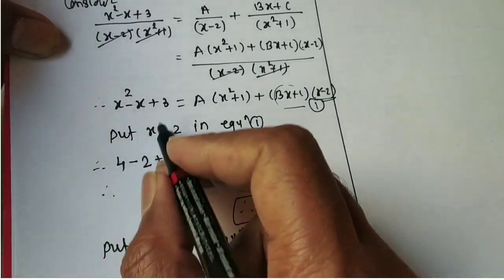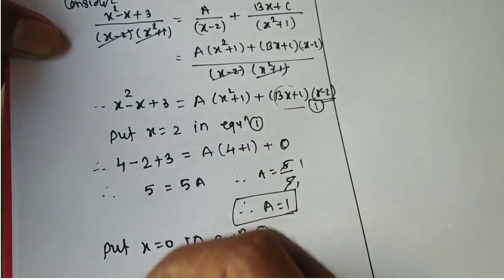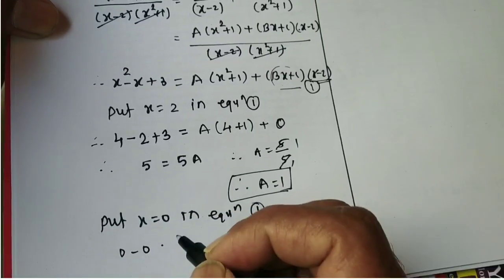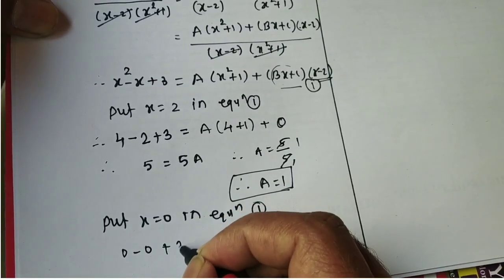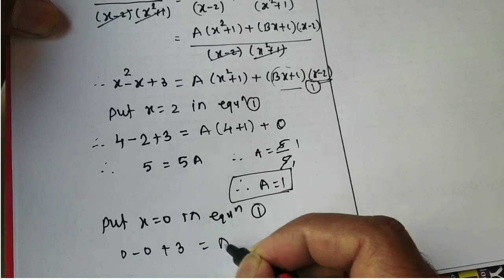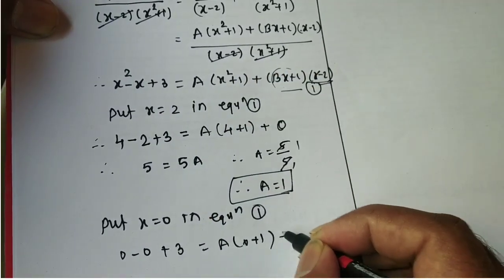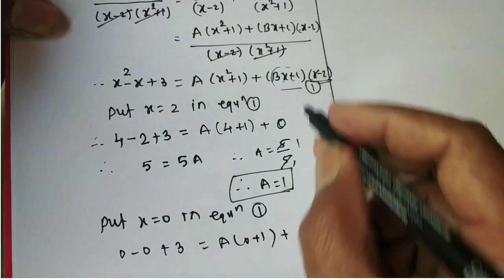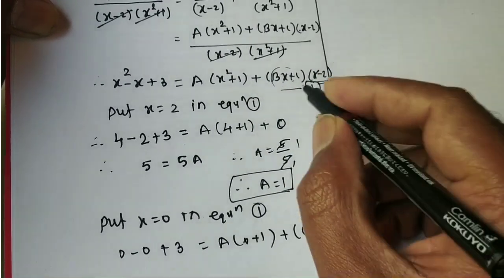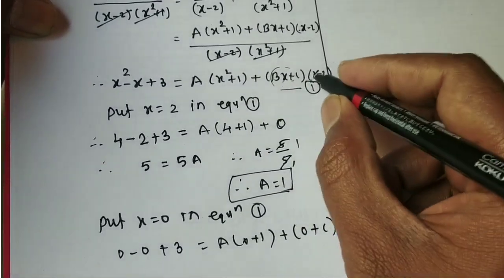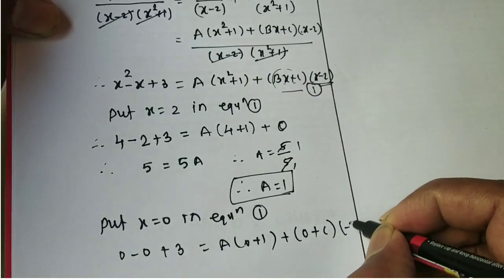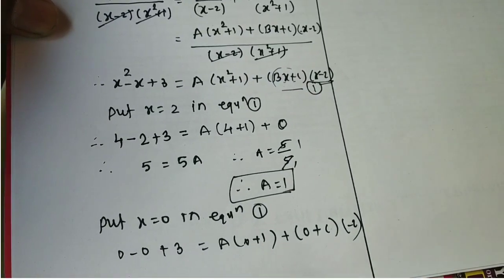If x equal to 0, then 0 minus 0 plus 3 is equal to A into 0 plus 1, plus b into 0, which is 0, plus c, and substituting 0 gives 0 minus 2, which is minus 2.